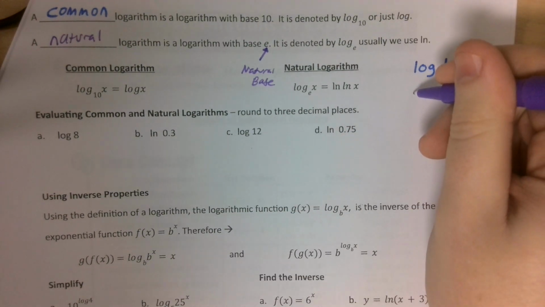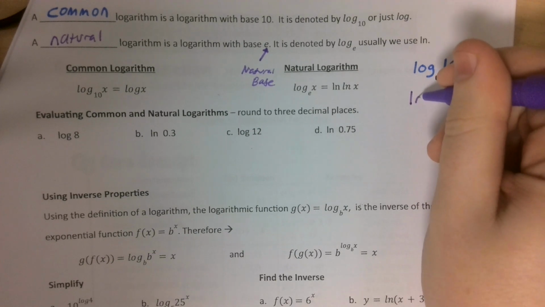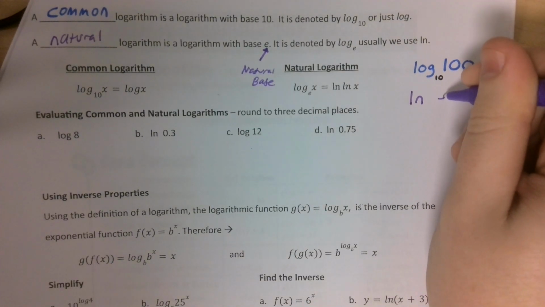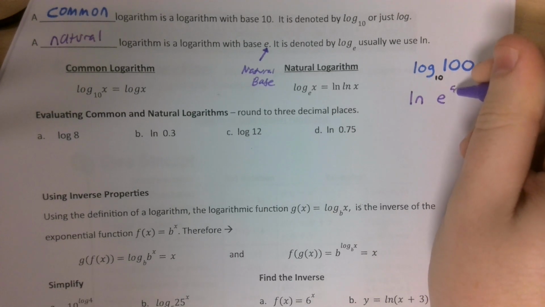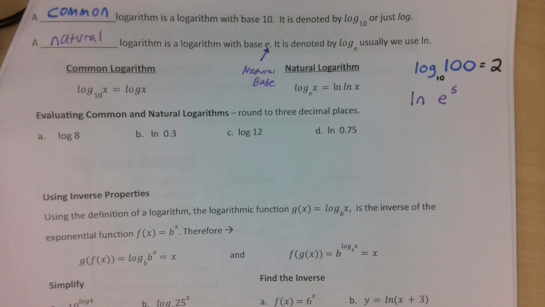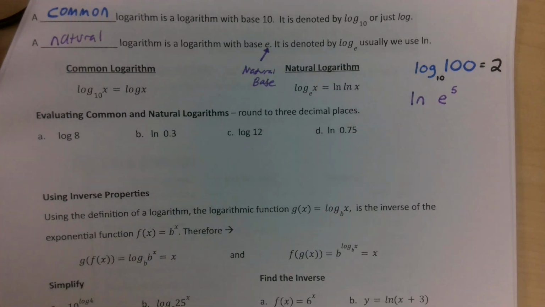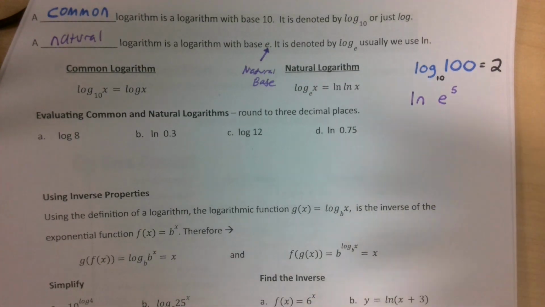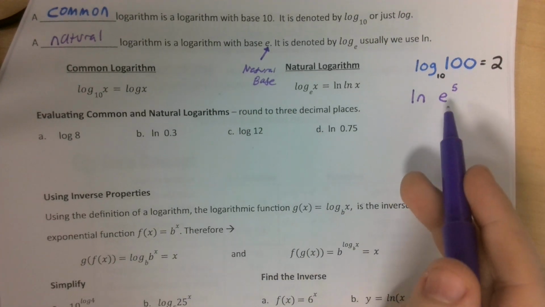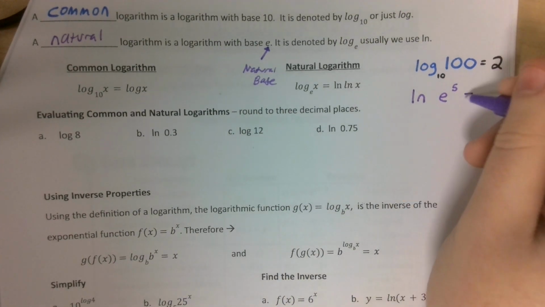So if I was to ask you what the ln of e to the 5th is, what this is basically asking us is this. It's asking us, hey, e to the what power is e to the 5th power?